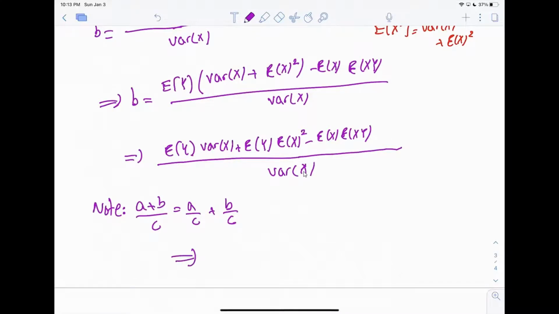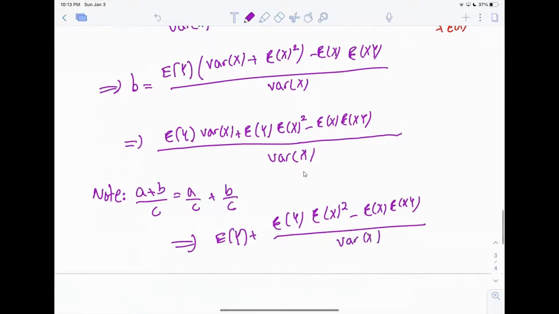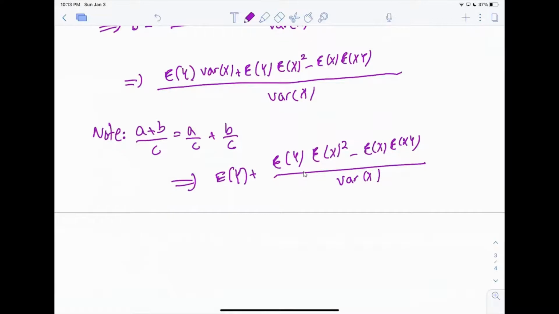Let's see whether we can simplify this further. The first term has a variance of x, and in the denominator we have a variance of x. Let's cancel them out. You get E[y]. Good. So now what you end up with is E[y] times the square of E[x] minus E[x] E[xy], divided by variance of x. Look at this one.